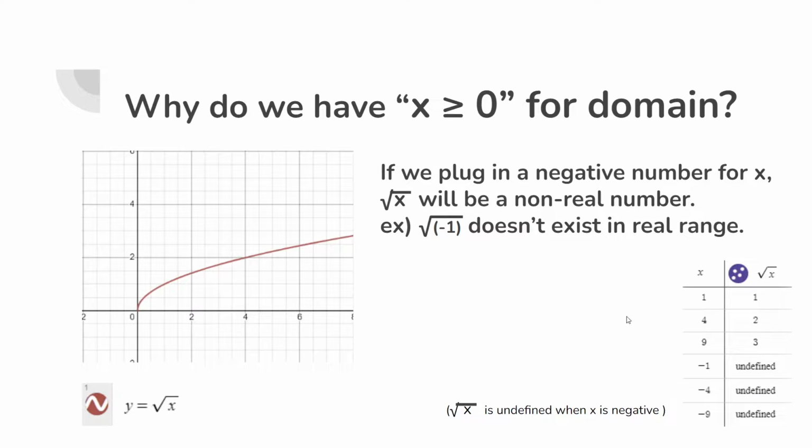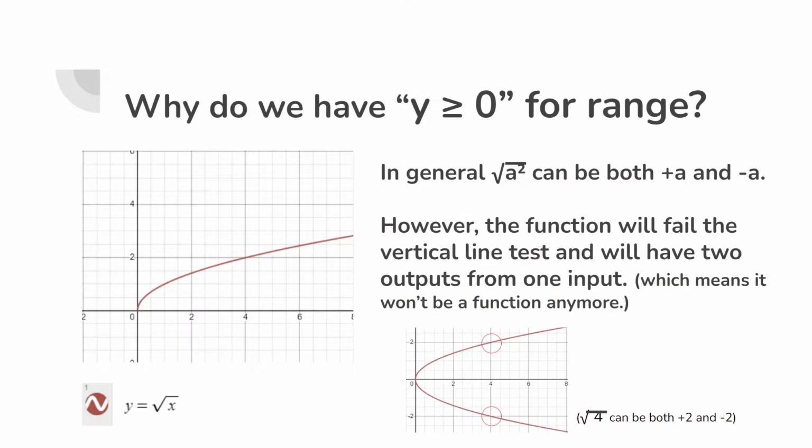If we look at the table here, if we plug in a positive number such as 1 or 4, the result is going to be a real number. But if we plug in a negative number such as negative 1 or negative 4, the result is undefined.